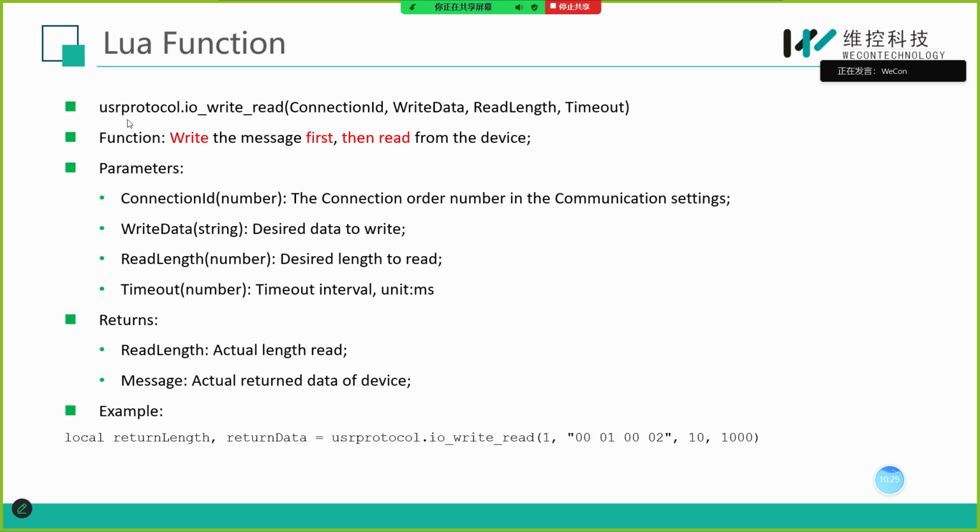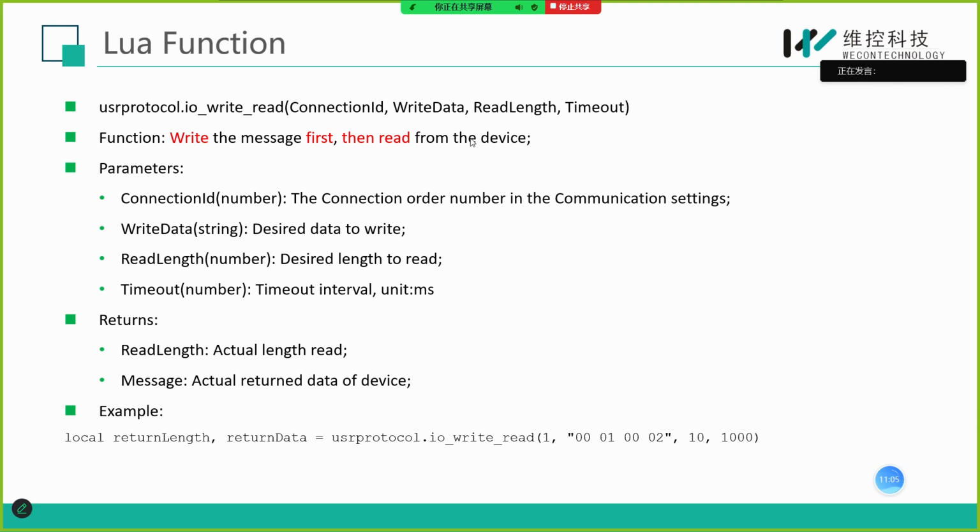And the last one is write and read. This means writing the message to the device first, then reading the message from the device. This is more like the procedure of reading Modbus when the HMI is working as master station.